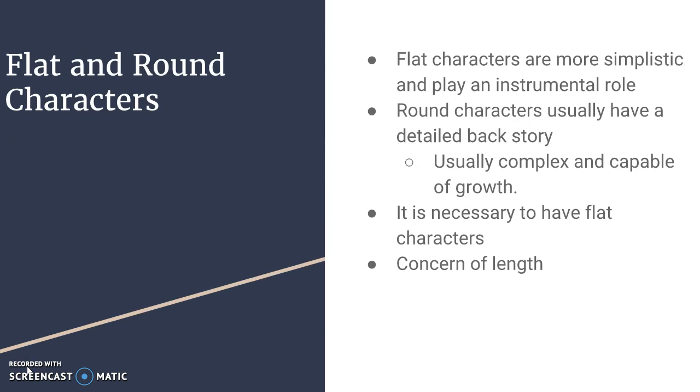So like I said, static characters are used as plot devices, while dynamic characters are the ones that you usually form a better connection to, and static characters are used to bring more depth into the dynamic characters or the protagonist in the story.